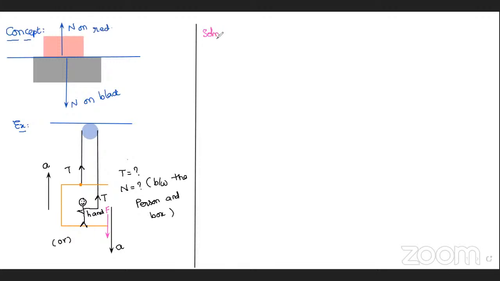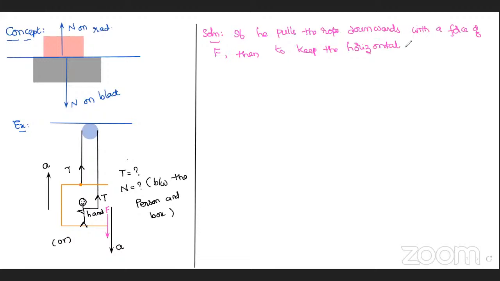Clearly I write here. If he pulls the rope downwards with a force of F, then to keep the hand horizontal, neither moving up nor down, the tension in the rope equals F. T equals F. Will you accept this point, Nana?